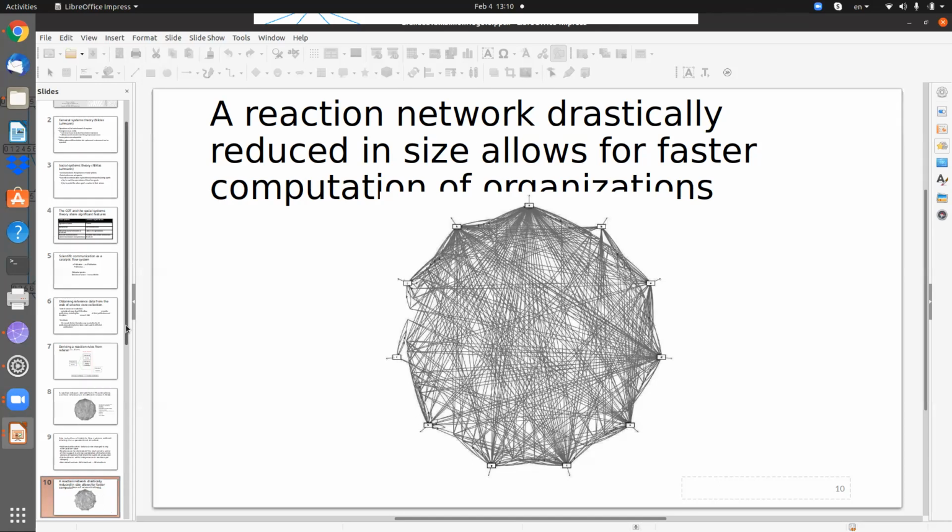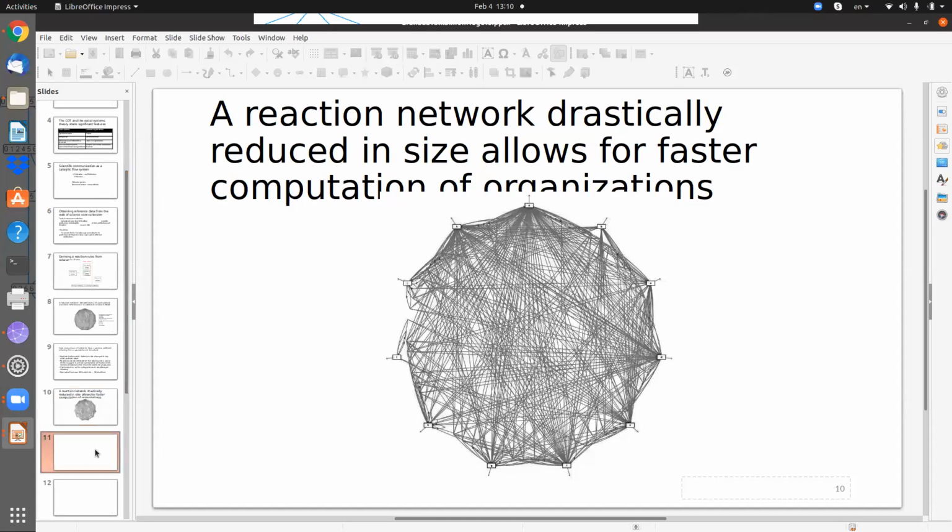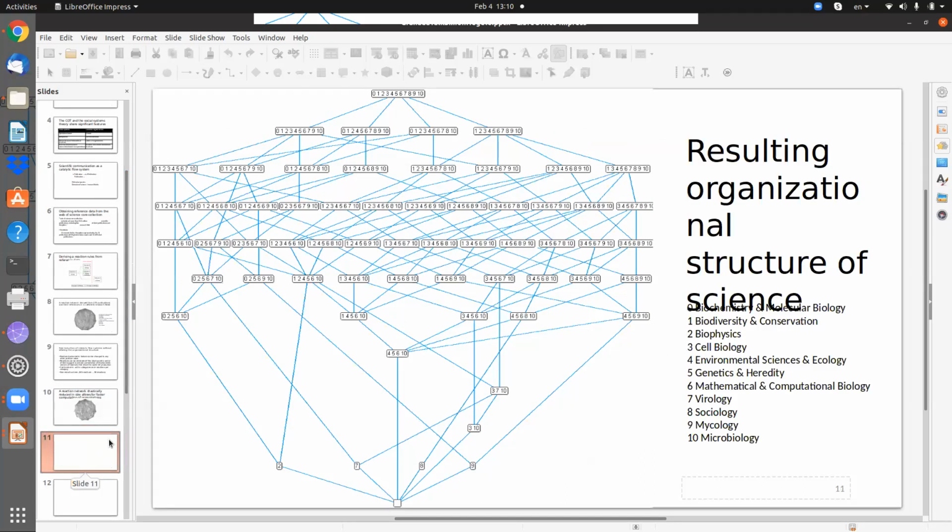So, from that I computed the organizational structure.